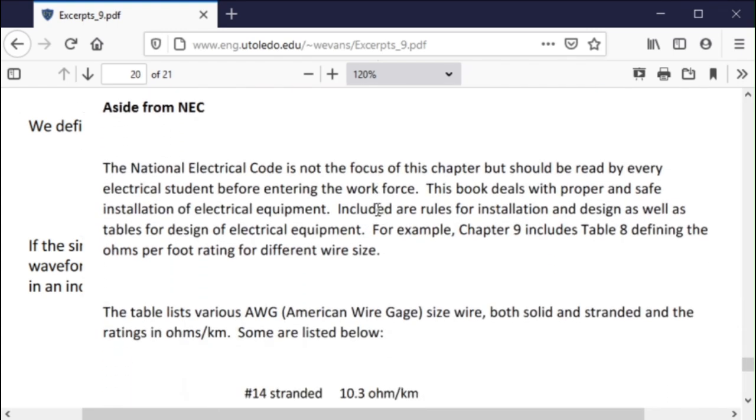We do want to talk a little bit about the National Electric Code. Not that we've got to do a lot with the National Electric Code in this course, but at least you should know that it exists. If you ever wonder about how wire sizes became standardized for certain applications, you could look at the National Electric Code, and they would tell you the ohms per foot of various gauges of wire.